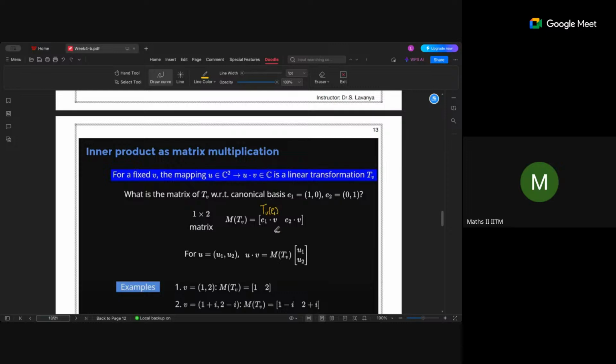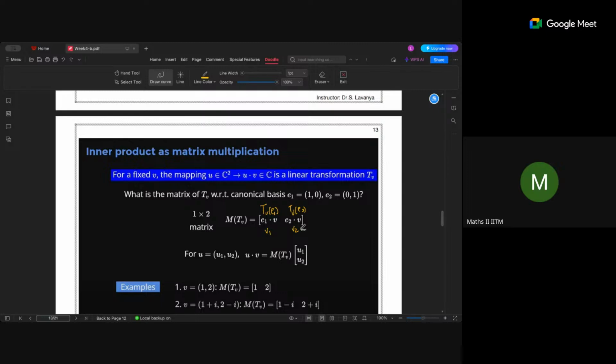According to the definition, it is E1 dot V, and then E2 dot V. Now what are E1 dot V and E2 dot V? It is simply V1, V2, right?